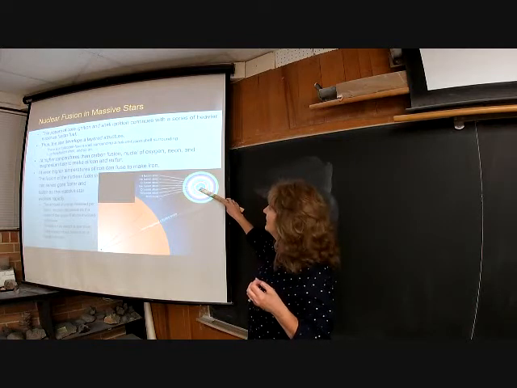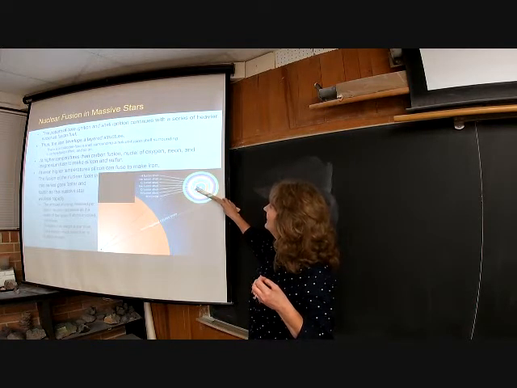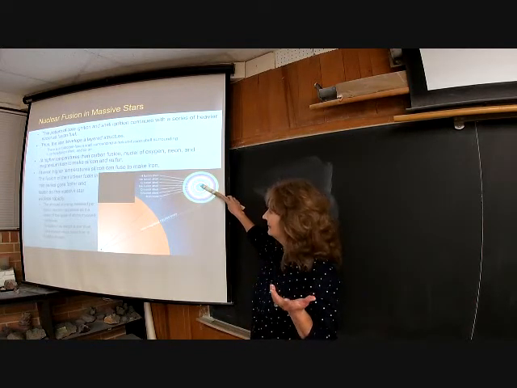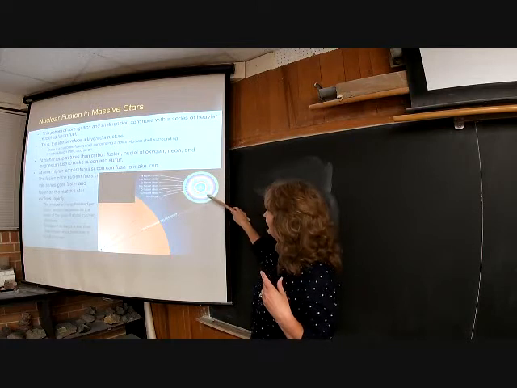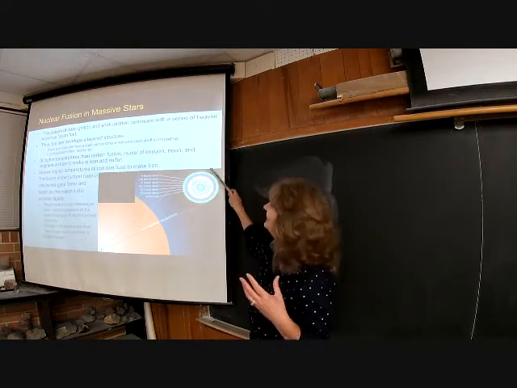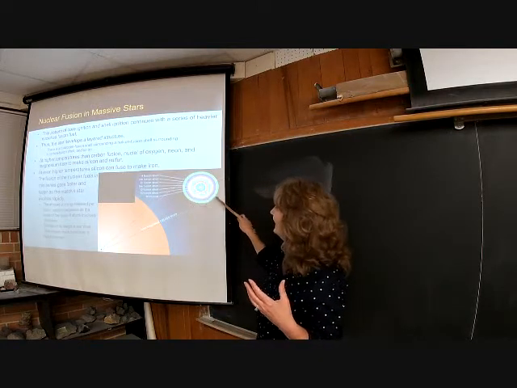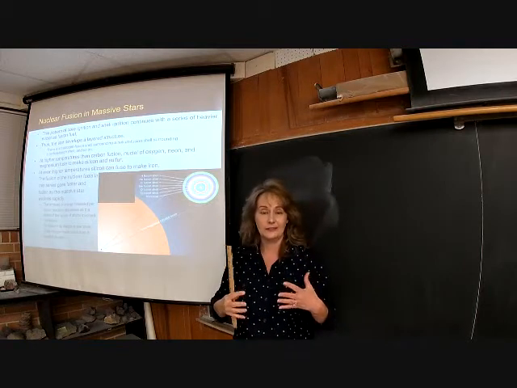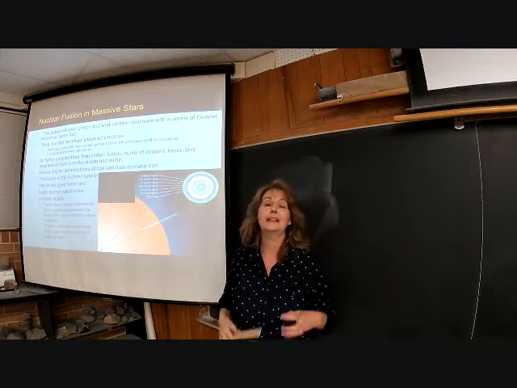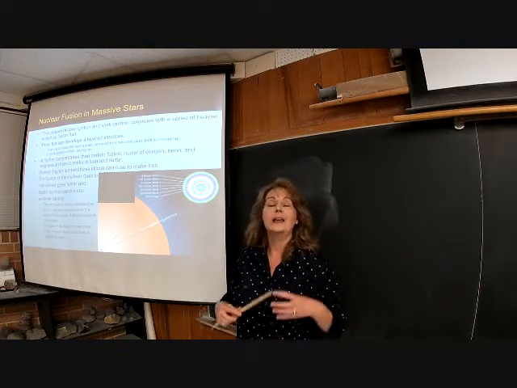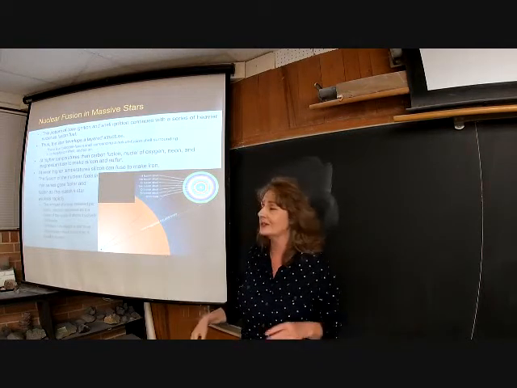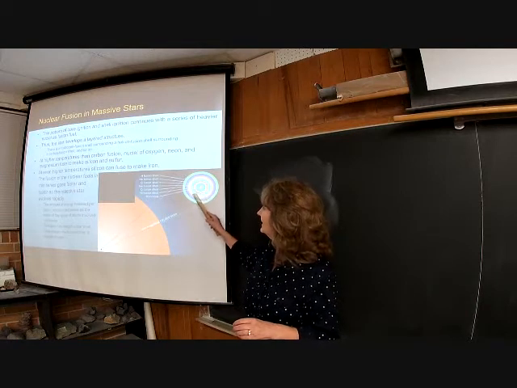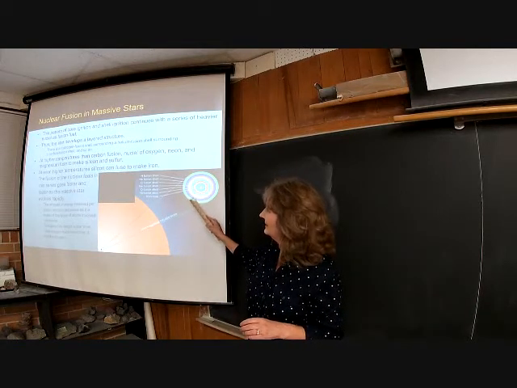The iron in the core is surrounded by silicon, then oxygen, then neon, then carbon, then helium, and then the outermost has a hydrogen fusion shell. So many things happening in this star, in each of those different concentric layers or shells within our stars.